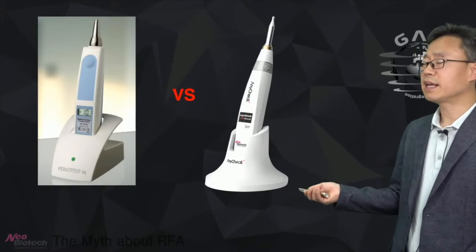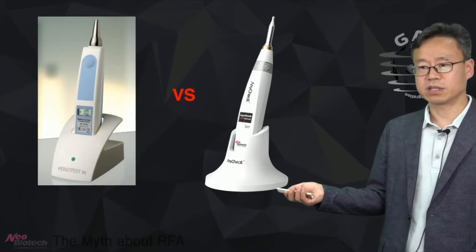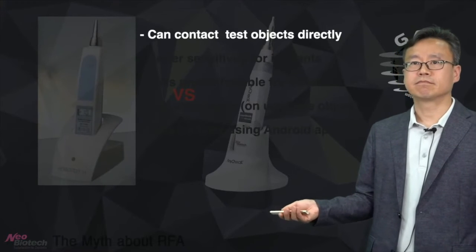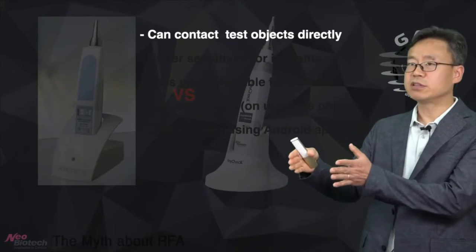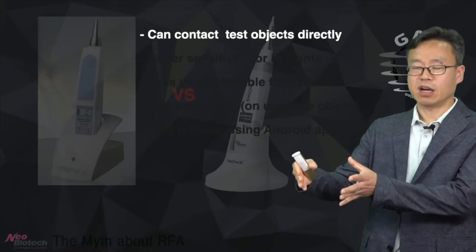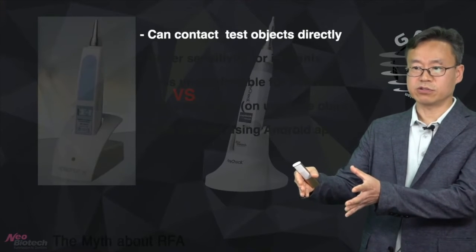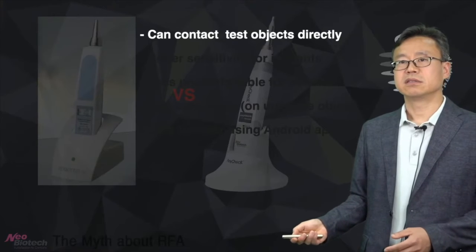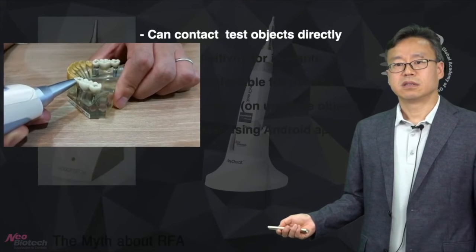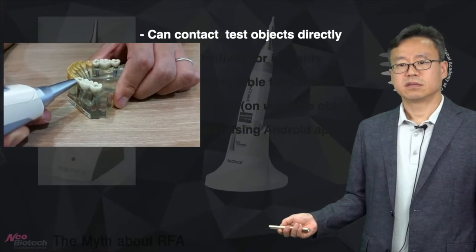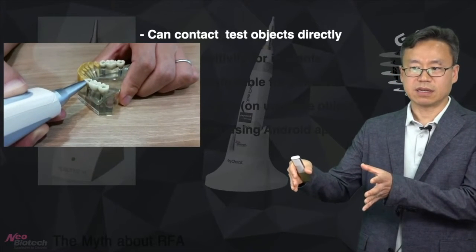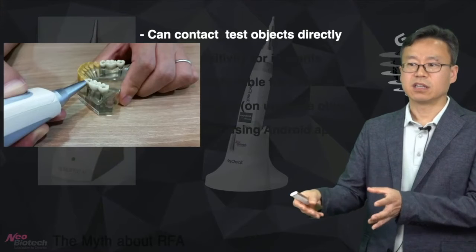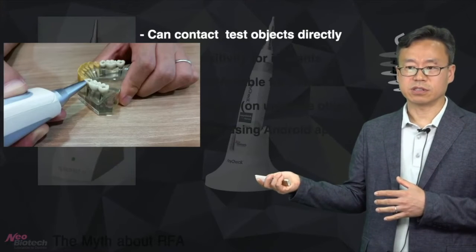So let me explain how AnyCheck is different from the perio test. When you use the perio test, you have to keep a certain distance from the object that you're measuring. When you don't have proper distance, like in this case, you hear a high-pitched sound.